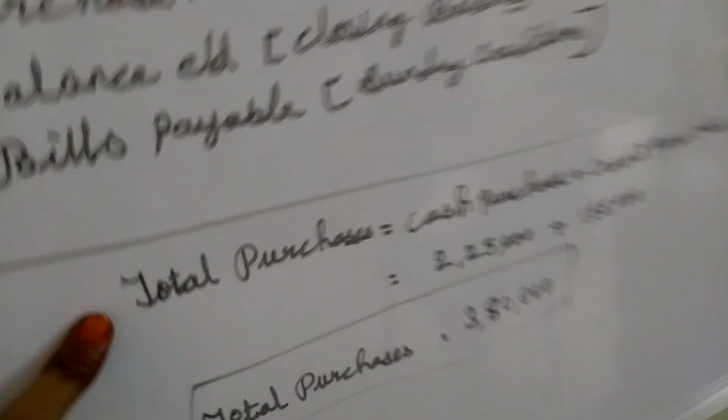Now we conclude the sum. In that sum they are asking for total purchases. So what is the formula? Total purchases equals cash purchase plus credit purchase. Cash purchase is already given in the sum. How much is given? 2,25,000.